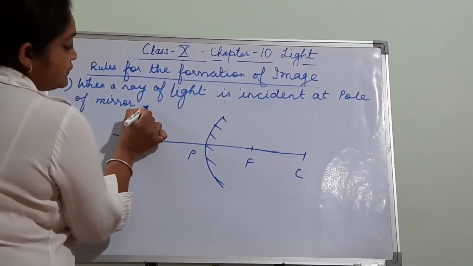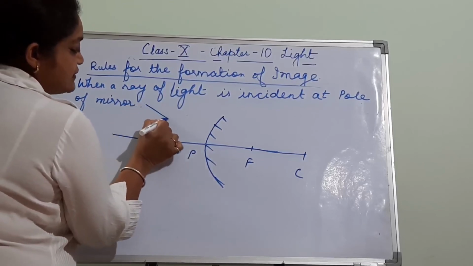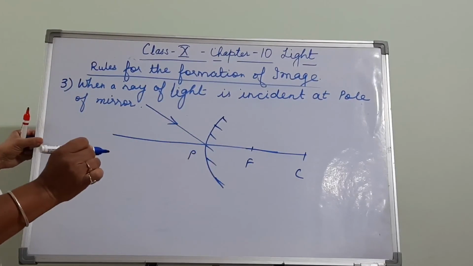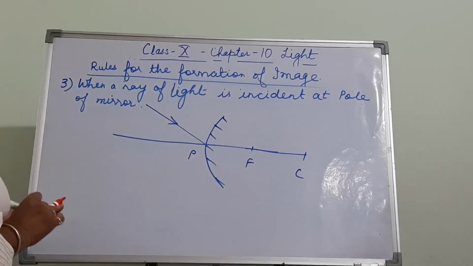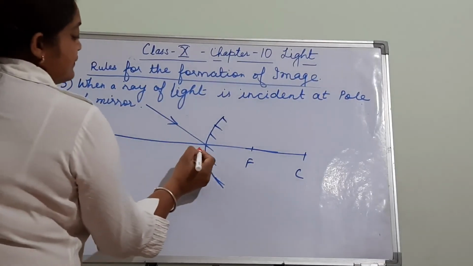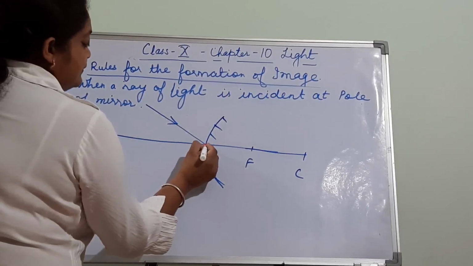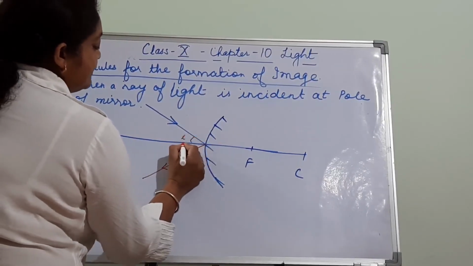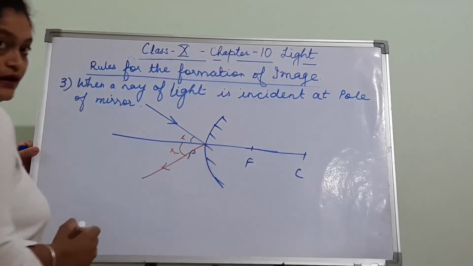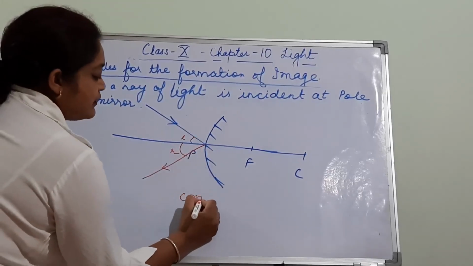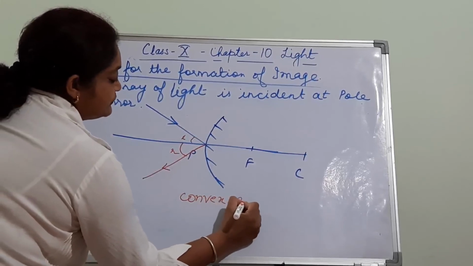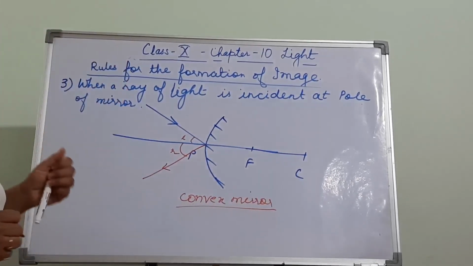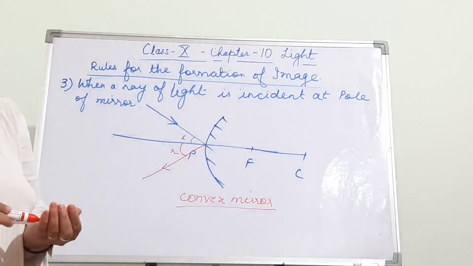Now, this ray is incident towards pole. This is the incident ray. This is the reflected ray. Here also angle I is equal to angle R. This is for convex mirror.